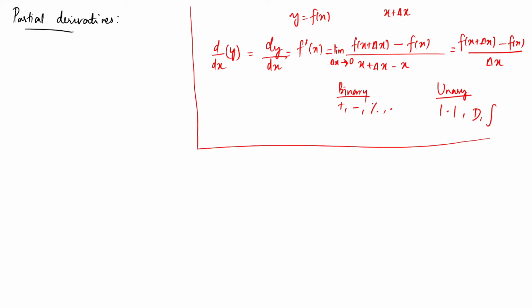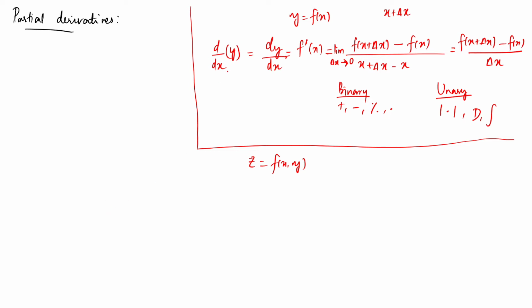Now let us see what is happening with the two variable case. When you have a function of two variables, you can fix either of them and do the changes, or you can apply the operator with respect to only one variable. So how is it going to happen?